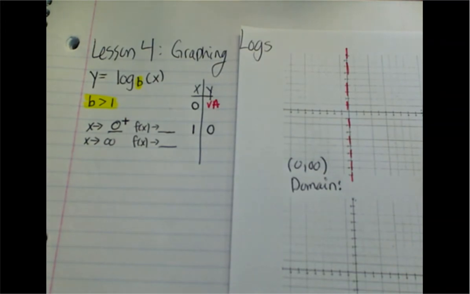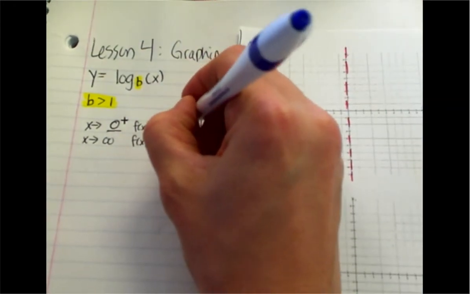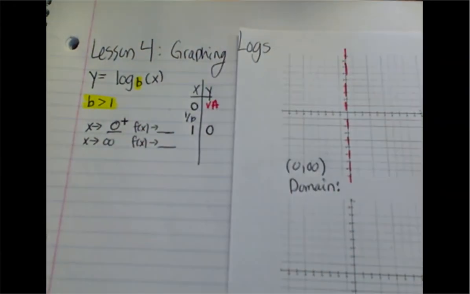What if I actually decide to plug in, let's write maybe 1 over b instead. Can I just plug in one of those things? Okay, what if I plug in 1 over b? What do you get? -1, yeah.